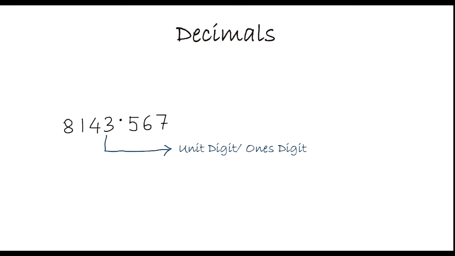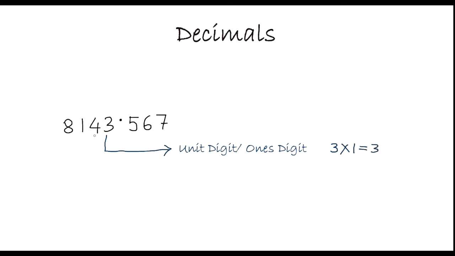It's called the unit digit because how many units do you have here? How many ones do you have here? There are 3 ones, right? So the value will become 3 multiplied by 1, and we get 3.